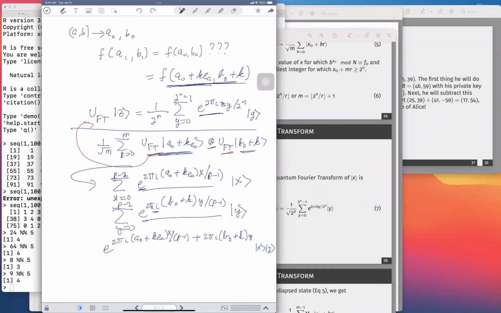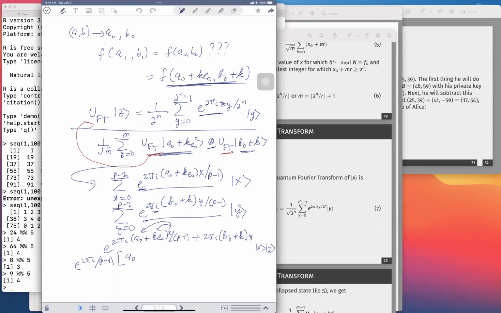Now the next thing to do is to just simplify, rearrange terms. So this becomes e to the 2 pi i. What's common? 2 pi i and p minus 1. p minus 1. Okay? And then this becomes a0 plus, so the x here will be distributed.